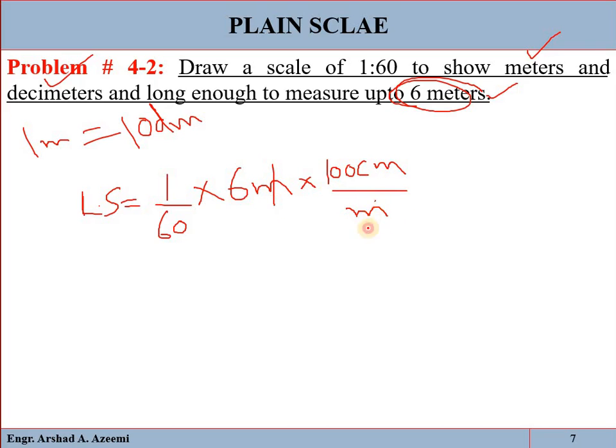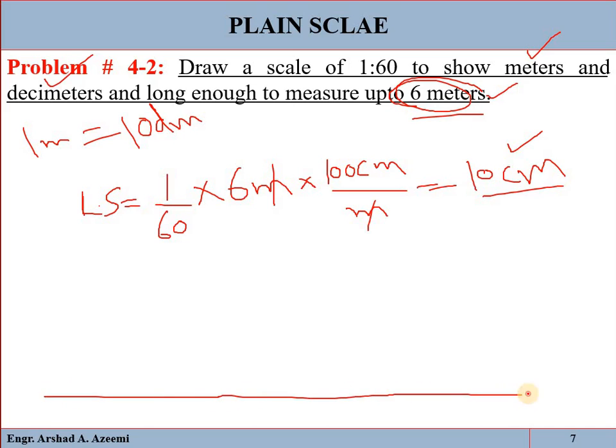So meter will be cancelled. 6 multiplied by 100, that will be 600, divided by 60, so you will get what? 10 centimeter. Now you can see that if you draw a scale of 10 centimeter, it will be equal to 6 meter distance.